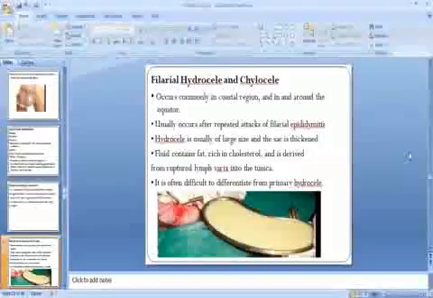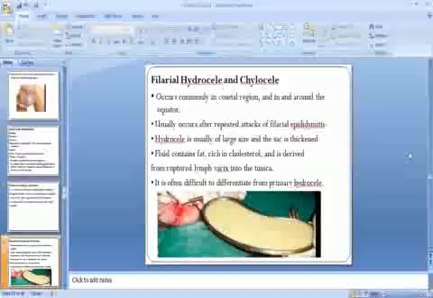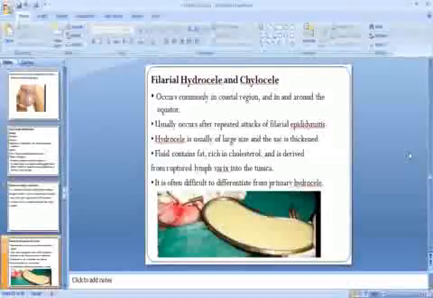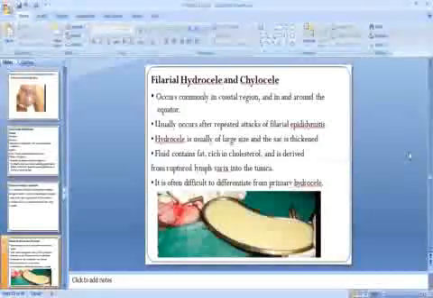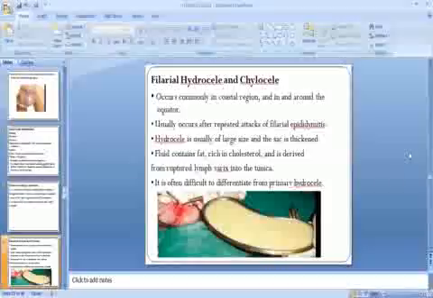It usually occurs after repeated attacks of filarial epididymitis. The hydrocele is usually of large size, and the sac is thickened. Fluid contains fat rich in cholesterol and is derived from a ruptured lymph varix into the tunica. It is often difficult to differentiate from primary hydrocele.